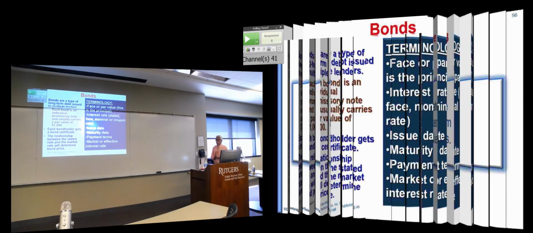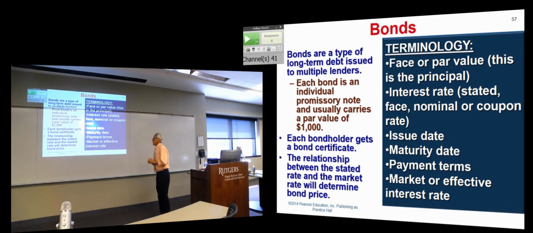Well, bonds are nothing more than a long-term promissory note. Each bond generally has a par value of 1,000. The bonds are generally sold in an issue, and we'll talk about how the bonds are priced. So usually when you have a bond issue, bonds are sold, there are multiple bonds.